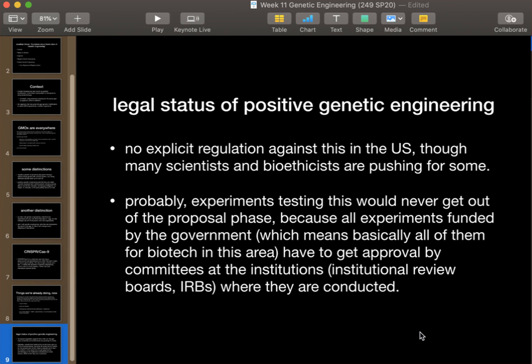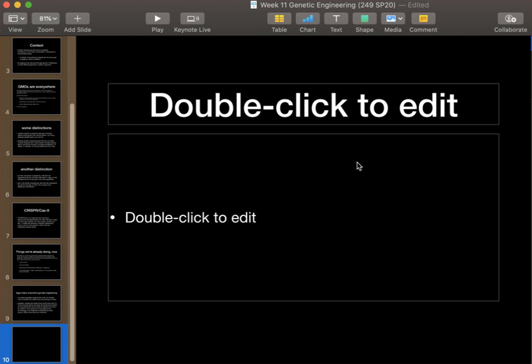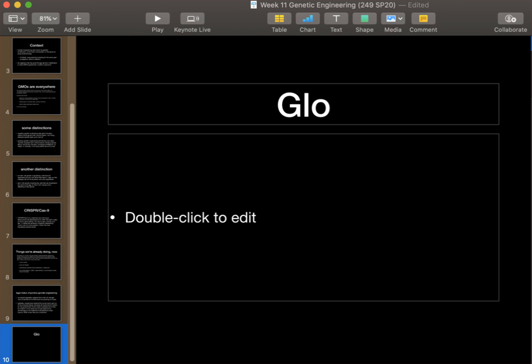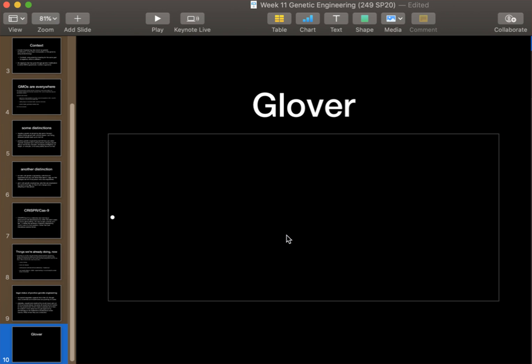Now let's talk about Glover's article. The first point he wants to make is about nature versus nurture.